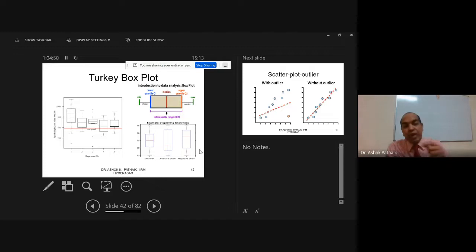So you can see some values in the maximum and minimum, and in between there is a box. So where that point or that value is coming, we try to check that. And if it is in the middle, it is called as normal. And if it is down, then it is called as positive skewed. And if it is up, it is called as negative skewed.